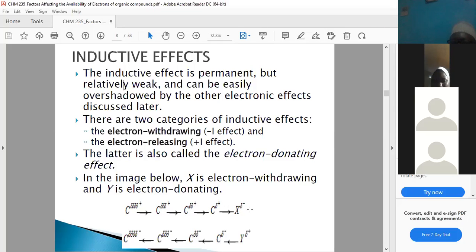Now, in the case of an electronegative atom, it will be pulling electron toward itself. In that case, you say we have negative inductive effect. But if you have a less electronegative atom, an atom that is less electronegative than carbon, rather than pull electron toward itself, it will be donating electron towards the carbon chain.